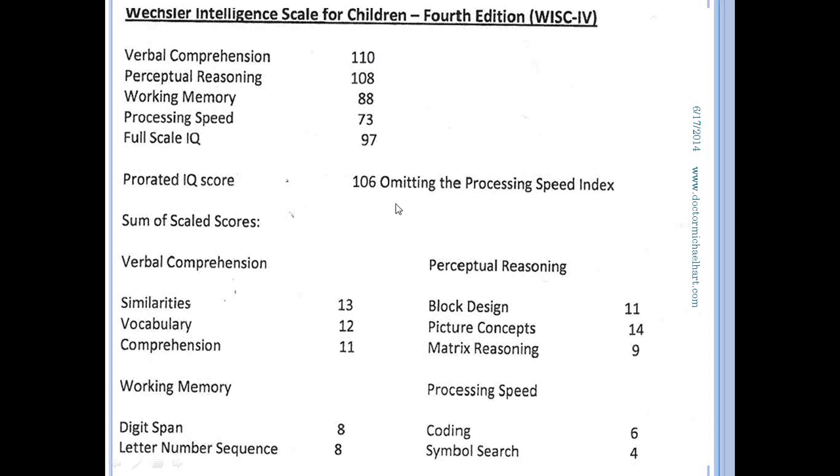So this person prorated the IQ score by omitting the processing speed index. I would have gone ahead and omitted both of them, and that would have given you a general score that's a lot more consistent with the 2 solid indices here at the top.